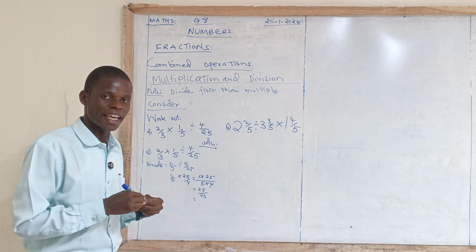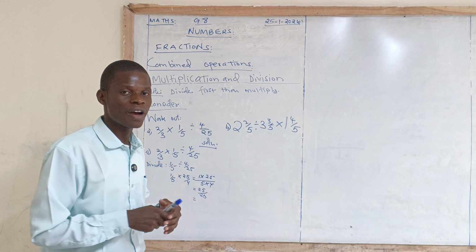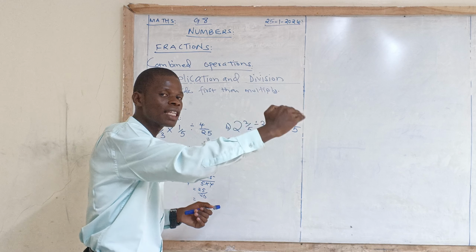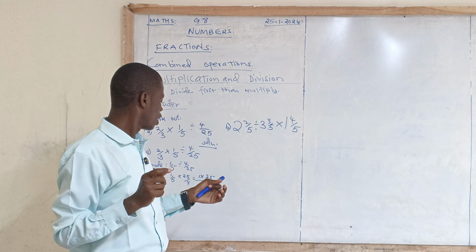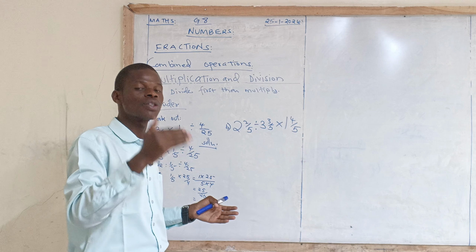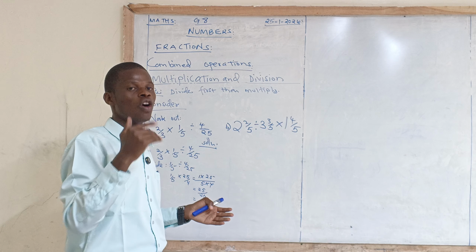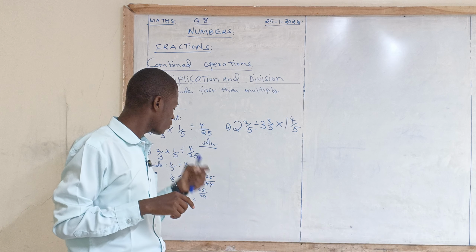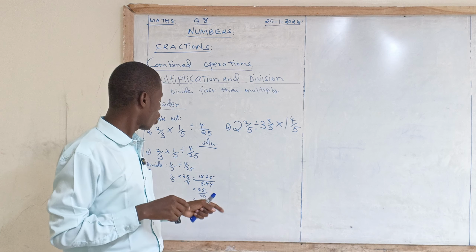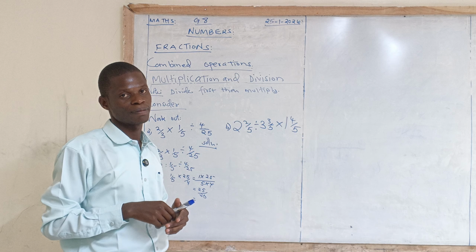Then simplify. How do we simplify? We divide both the numerator and denominator by the same number until we get a fraction that cannot be divided further. Or we divide both by the highest common factor, the GCD of the numerator and denominator.